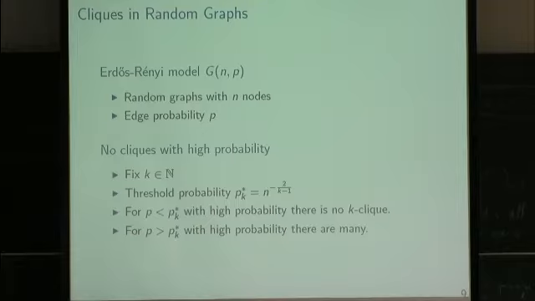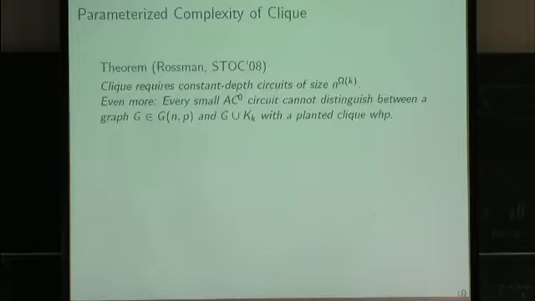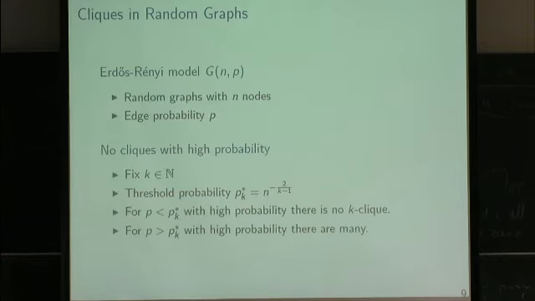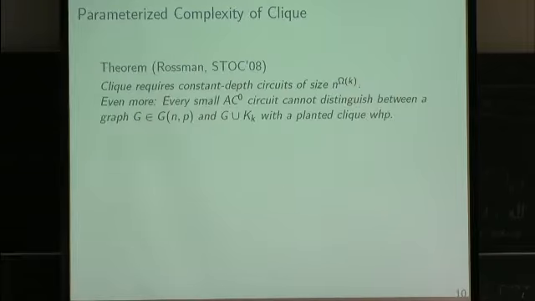Whereas if you go with the edge probability over this threshold, then with high probability you find many k-cliques. It's just not strictly smaller. Yes, you're right, it's an asymptotic formulation. Thank you.